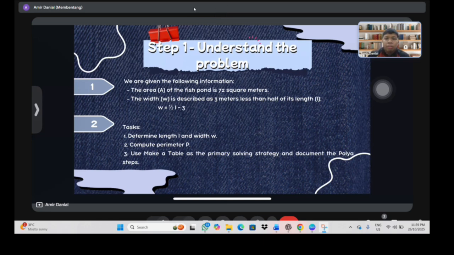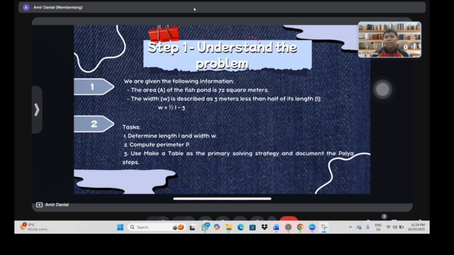Okay, so we go through with the Polya solution, where step 1 is understand the problem. We are given the following information: the area A of the fish pond is 72 square meters. The width W is described as 3 meters less than half of its length, L. So the formula is W equals 1/2 L minus 3.